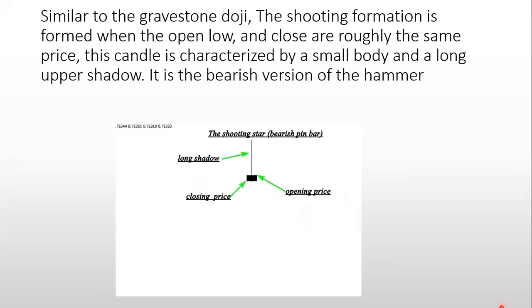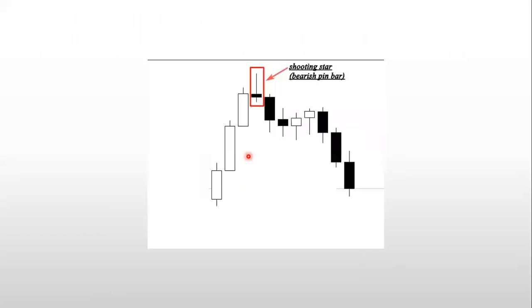So the shooting star is just the opposite of the hammer pin bar. You can see that there's a very nice scenario over here. The market was bullish, but when the shooting star sets in, or the bearish pin bar, the market reversed. So you could also make a lot of pips over here.